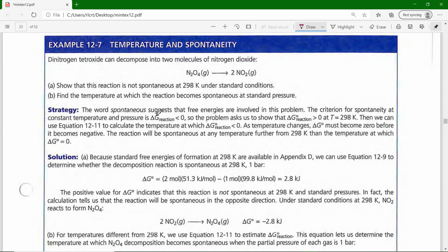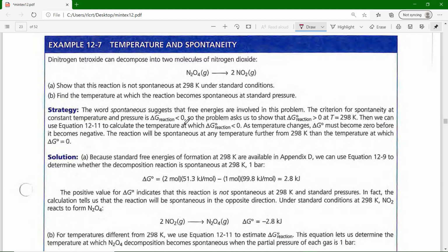We have here the dissociation of dinitrogen tetroxide into nitrogen dioxide. Show the reaction is not spontaneous under standard conditions. So I could take 2 times delta G naught of formation of NO2, minus delta G naught of formation of N2O4.